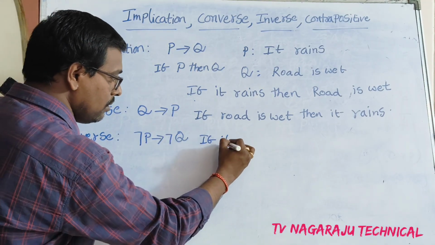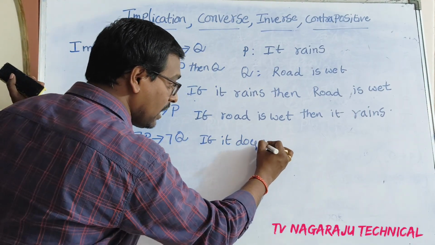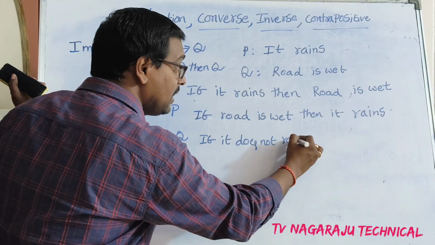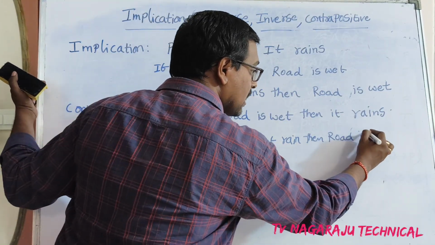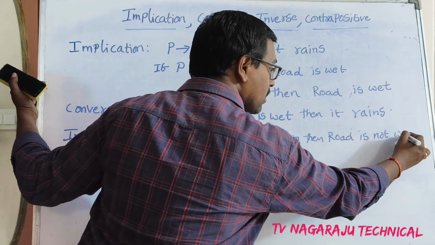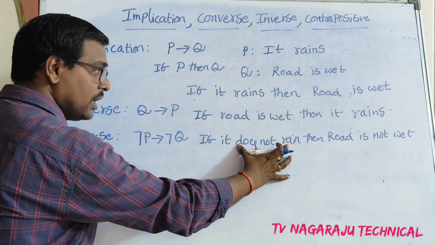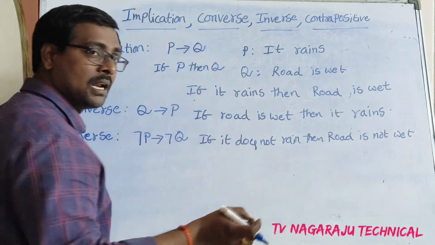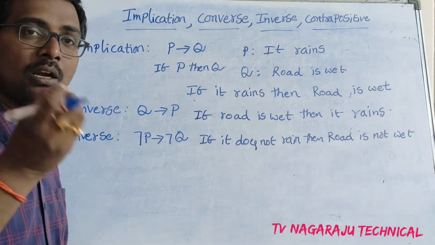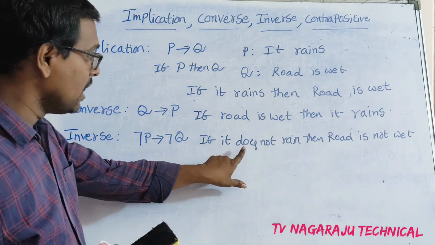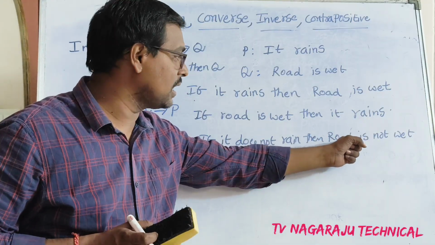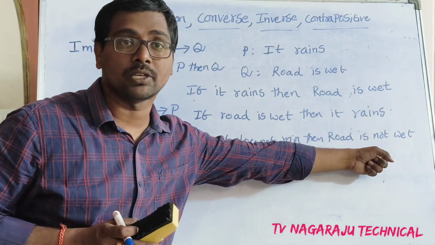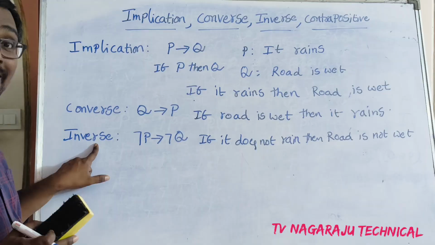If it does not rain, then the road is not wet. This is also not true in all the cases. If it does not rain, by some other causes, washing or flooding, the road may become wet. Clear? This is inverse.